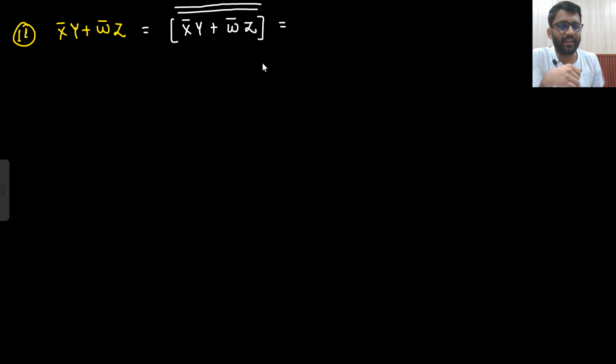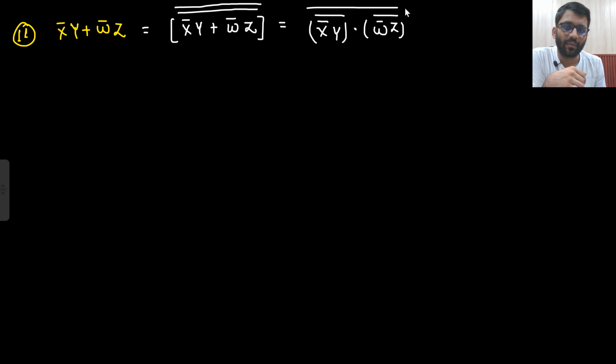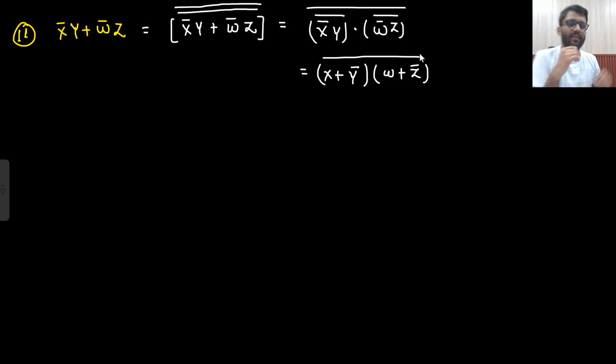A plus B whole bar it is, so I can write A bar dot B bar and then whole bar. So X plus Y bar into W plus Z bar and then whole bar. This is the form I want: POS form and then there is a bar.